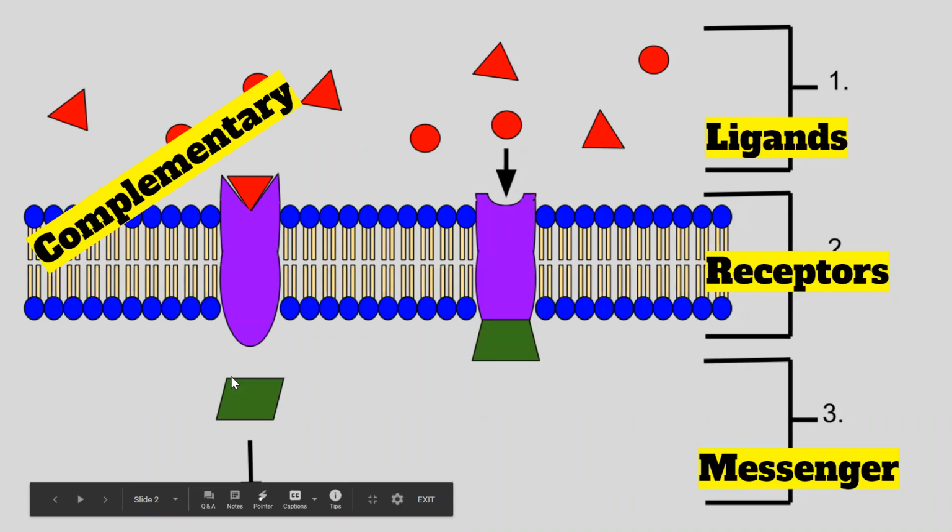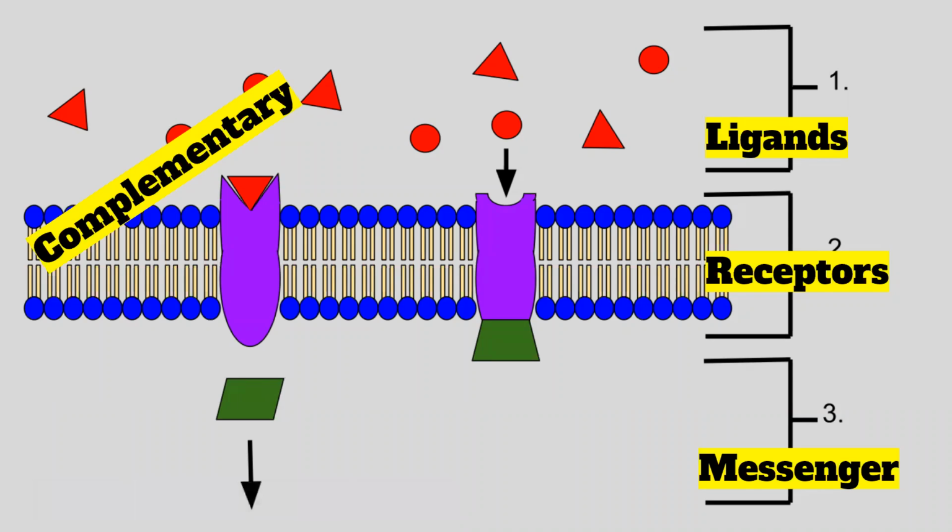Now, when the second messenger gets activated, then a cascade of reactions happens inside your cell, leading to a cell response. What could a cell response be? Most of the time, a cell response means either a gene gets switched on, meaning it will start getting expressed, a protein is synthesized, or something is broken down in your cell to a simpler form.